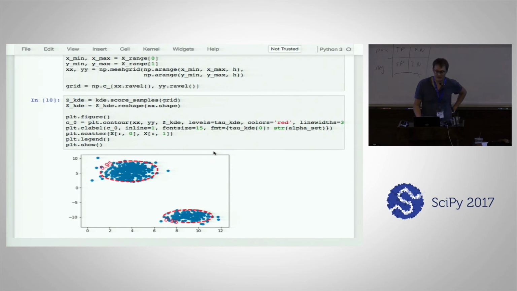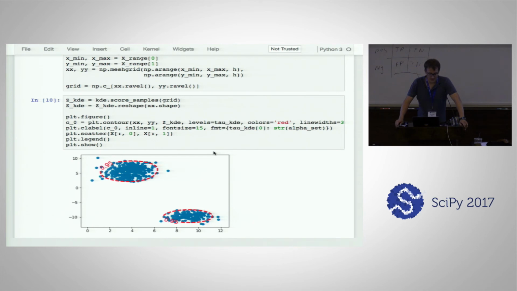If I'm inside these two blobby red curves, I'm in a high density region. They're not circles nor ellipses; they look like ellipses, but it's just the data that makes it so. Inside, I'm a normal observation, and otherwise I'm outside.